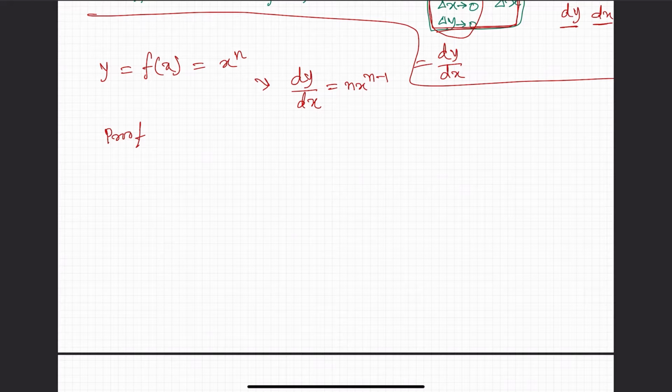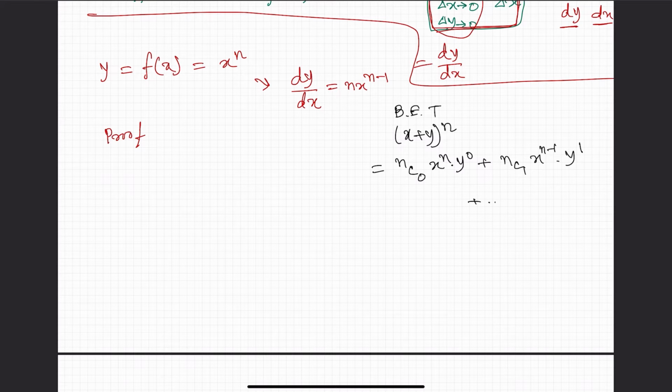First of all, just for a recap, which I have not taught in any of the videos, obviously: the binomial expansion theorem for this kind of expression is nC0 x to the power n y to the power 0 plus nC1 x to the power n minus 1 y to the power 1, and so on.